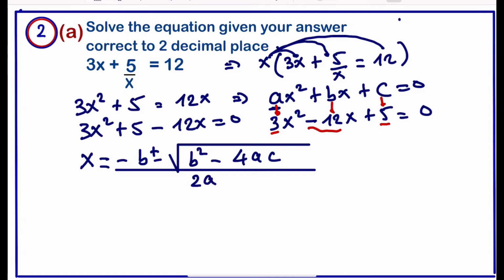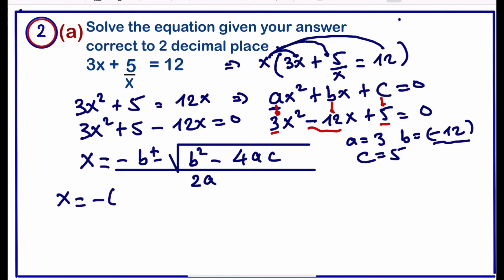We have to plug in the values of a, b and c. Be very careful when you're doing it, because a is equals to 3, b is equals to minus 12. You can put it in the bracket so that you don't make any mistake when it's minus, and c is 5. So if we plug in the values, we are going to have x equals to minus b. b is minus 12. That is why I said put it in the bracket so that you're not going to make any mistake.